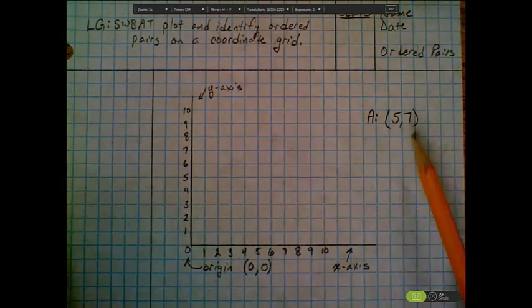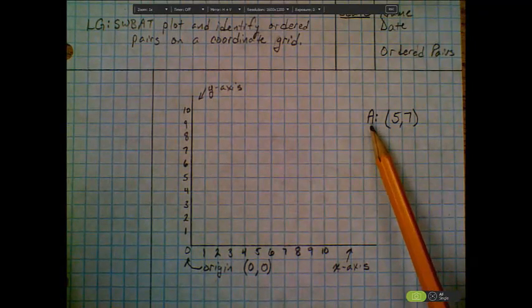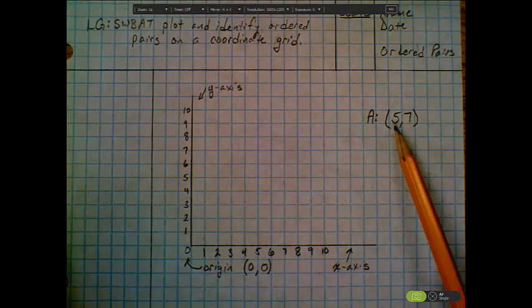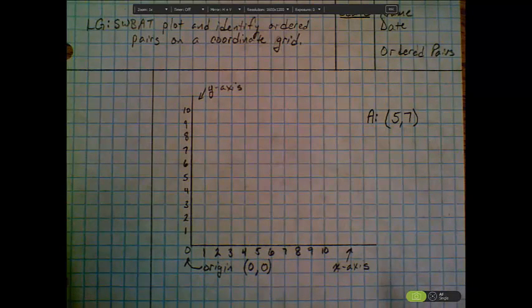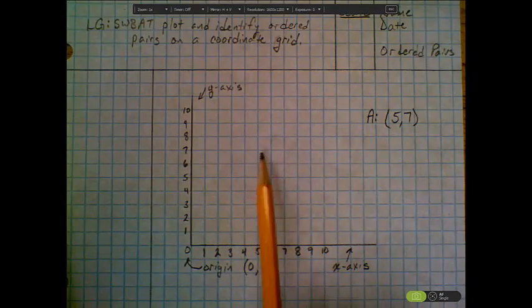Okay, so I have written down the first sample problem. We're going to label point A, and it's going to be at 5, 7. So we're going to use our running long jump analogy, and we're going to go over 5 places. 1, 2, 3, 4, 5, and then we're going to jump or go up 7 places. 1, 2, 3, 4, 5, 6, 7.